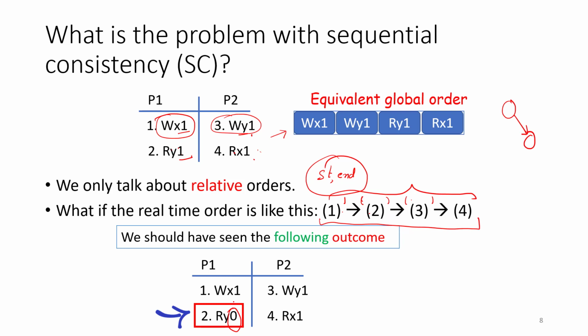Instead, the outcome will change and become Ry0. So if the outcome becomes Ry0, then clearly, in this case, sequential consistency would give you a different answer than adhering to the real time order.